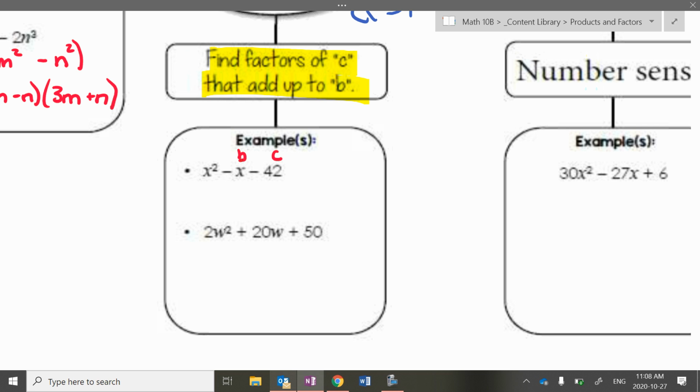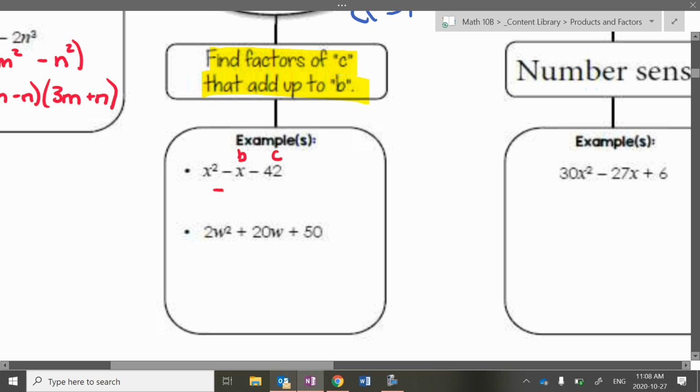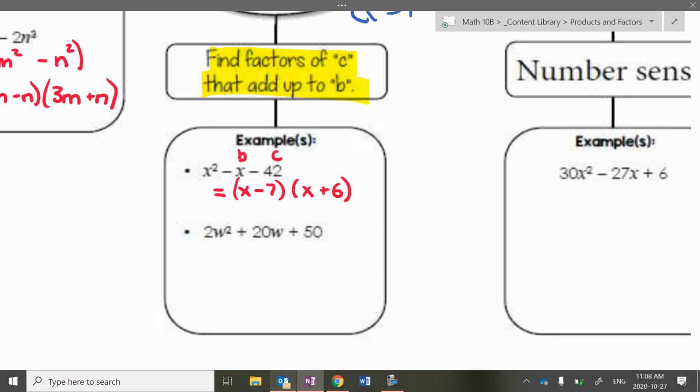What are the easiest 2 numbers that cross our mind when we think of 42? Good, 6 and 7. So our factors are going to be x minus 7, because our end answer needs to be a negative, times x plus 6. -7 plus 6 gives us our -1, and 7 times 6 gives us our 42.